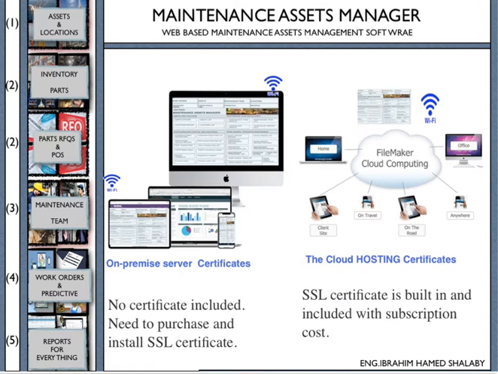Certificates. On-premise server certificates: no certificate included. You need to purchase and install an SSL certificate. The cloud hosting certificates: the SSL certificate is built in and included with the subscription cost.